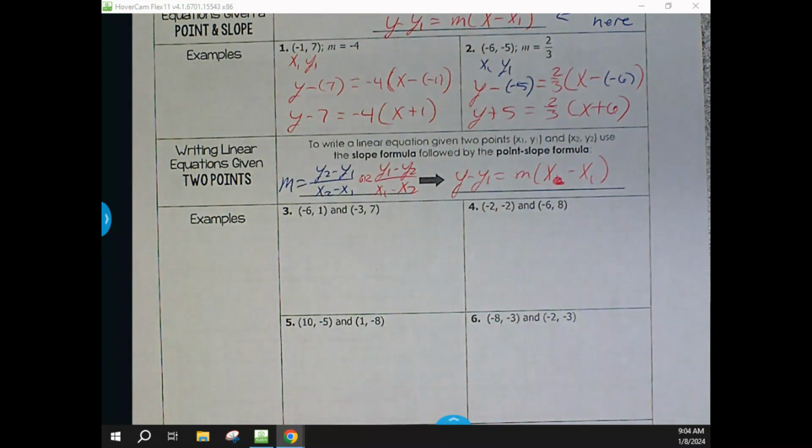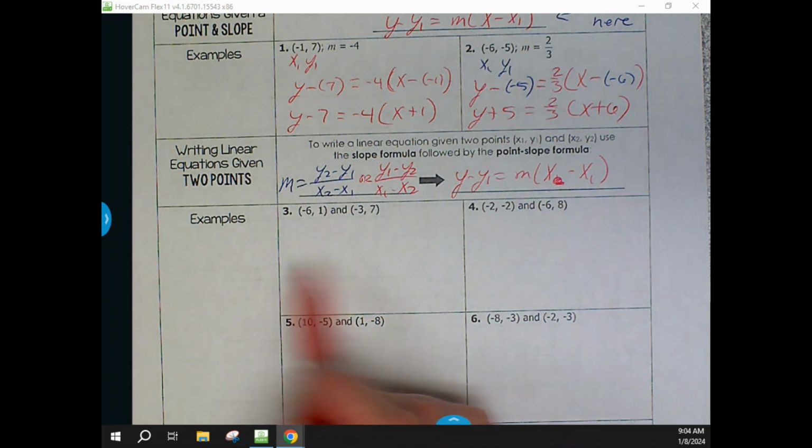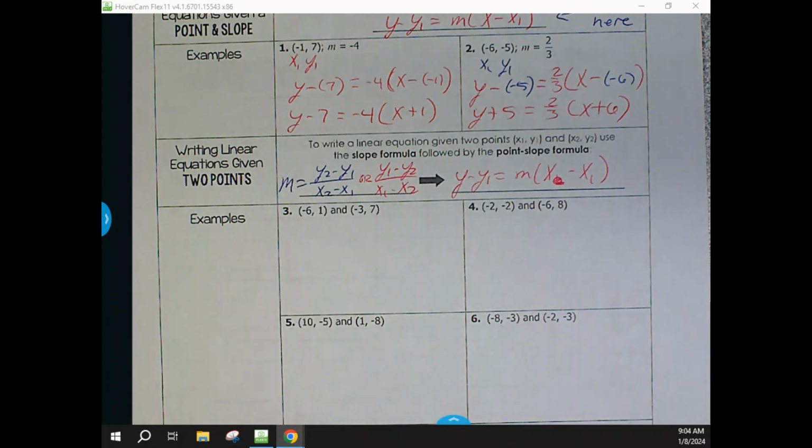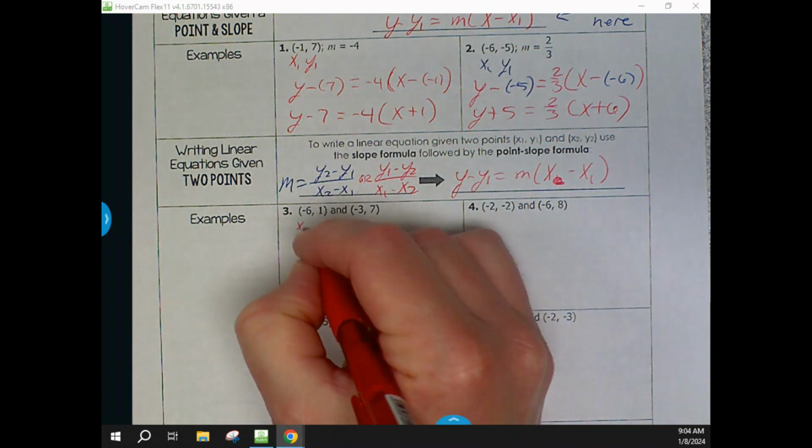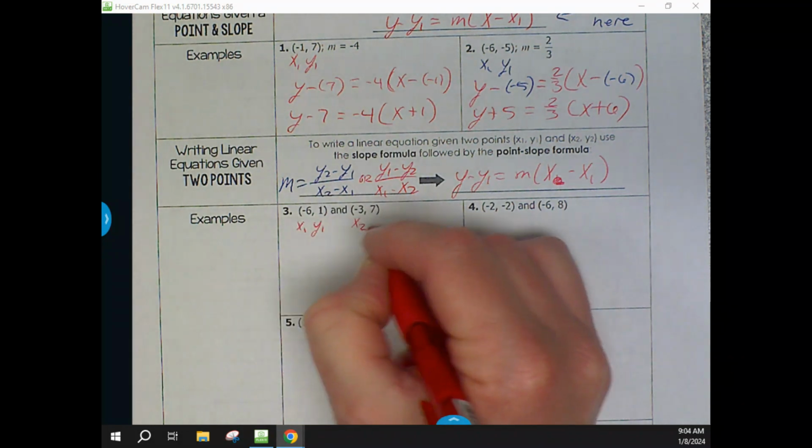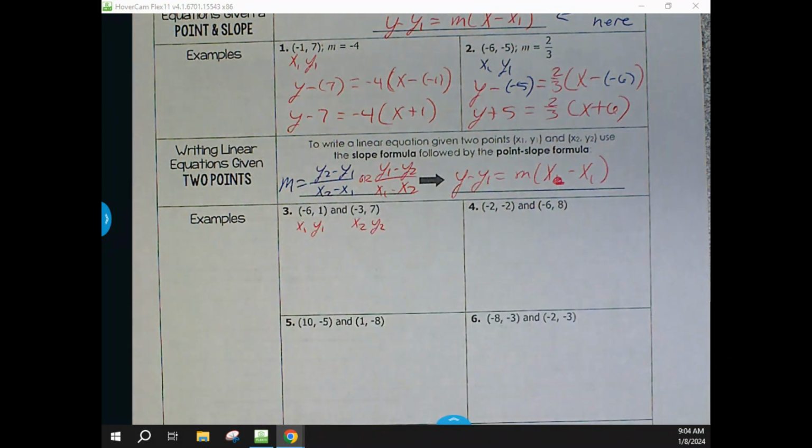So anytime they give you 2 points, you want to find the slope first. And then once you've got your slope, then you can go back and use your points that you need there. Okay, so there's 2 points. So first one's x1, y1. Second one is x2 and y2.